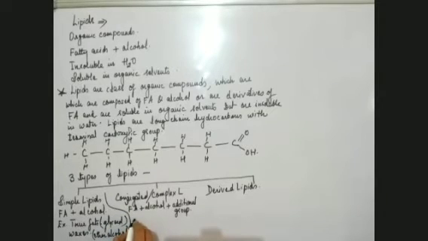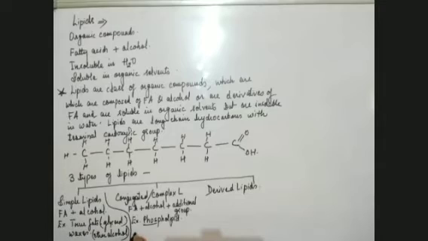One example is phospholipid. This is present in the plasma membrane. Here the phosphorus is the additional group. In phospholipid, it has fatty acid, alcohol plus phosphorus, so this becomes a conjugated or complex lipid.